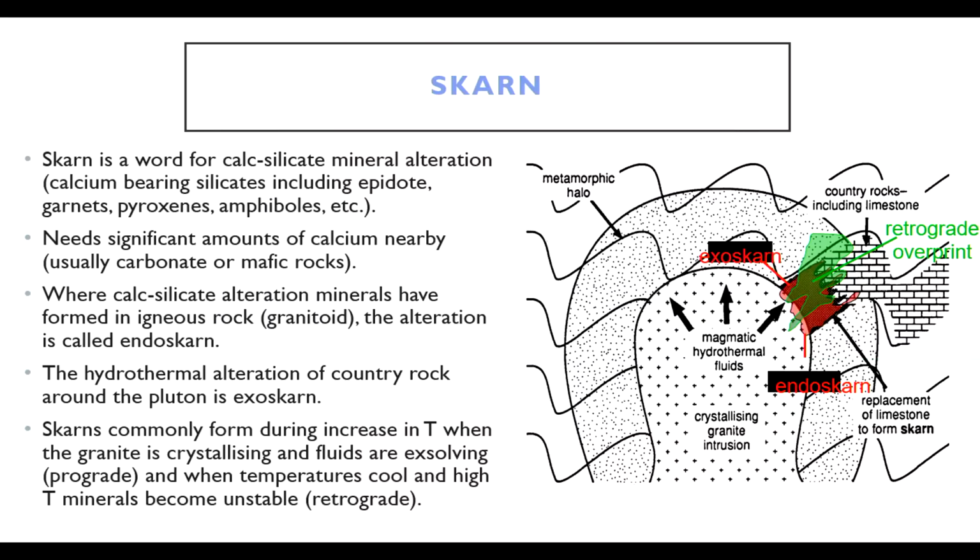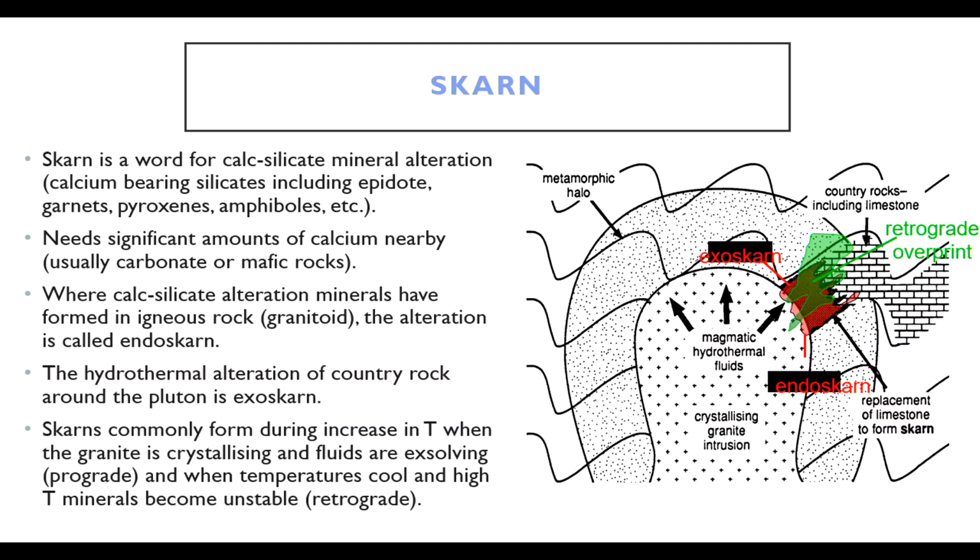So, okay, skarn. This is a sort of tough one because it's also a deposit type. So a skarn is just a word for a calc-silicate mineral alteration style. So when we talk about calc-silicate, we usually mean calcium, aluminium, and silica, probably with carbon dioxide.